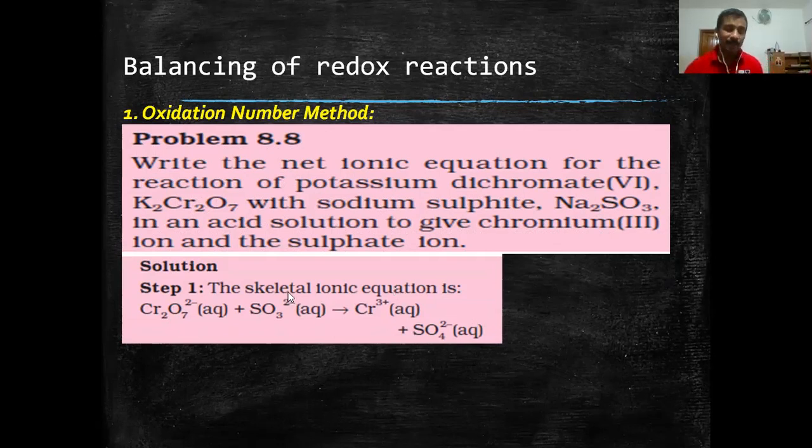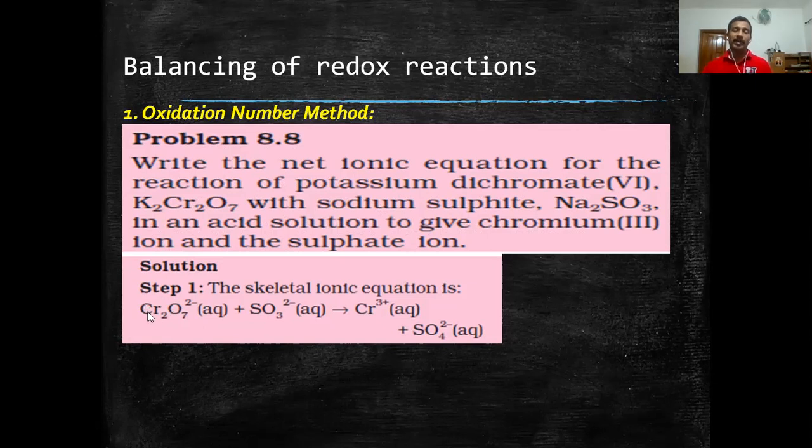Now assign oxidation numbers to each of these atoms. First chromium. Oxygen has -2 oxidation state. 7 into -2 is -14. 2 negative charges remaining here, that means 12 negative charges are neutralized by chromium.